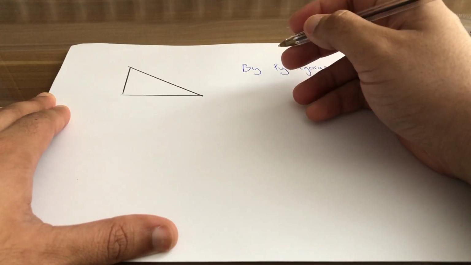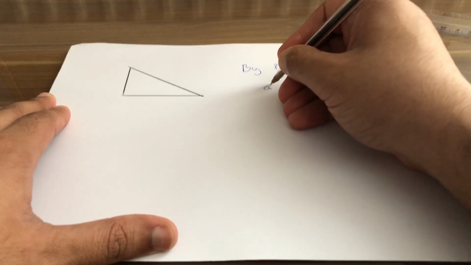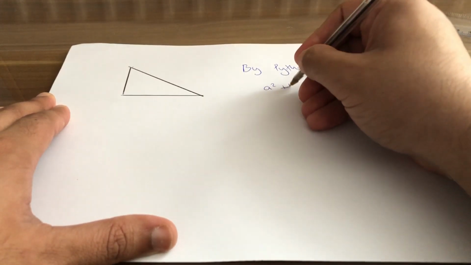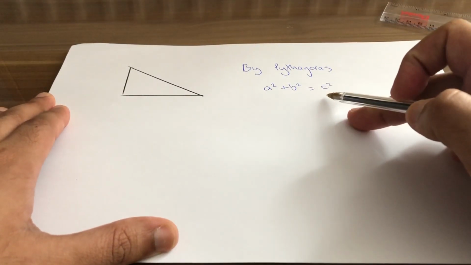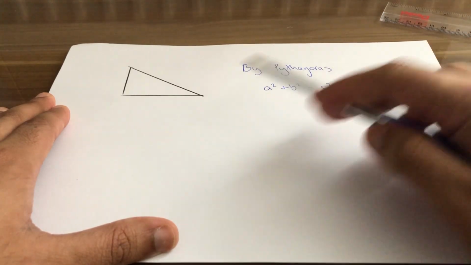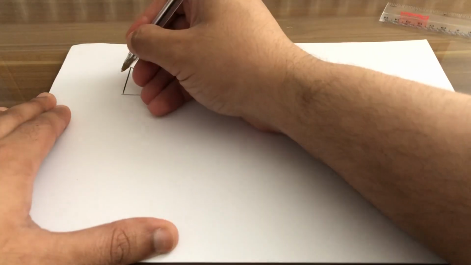And so, bring into frame the formula: a squared plus b squared equals c squared. So we know this, and now we can use this to tag the triangle itself.